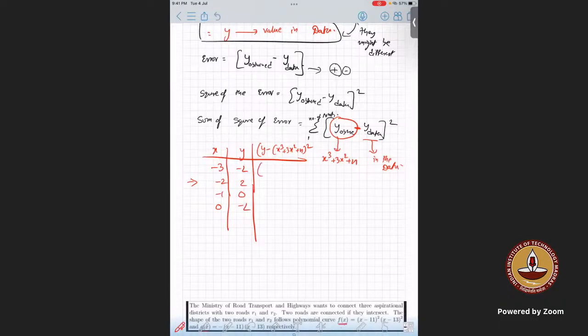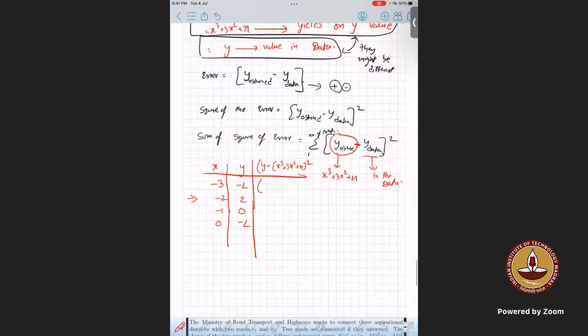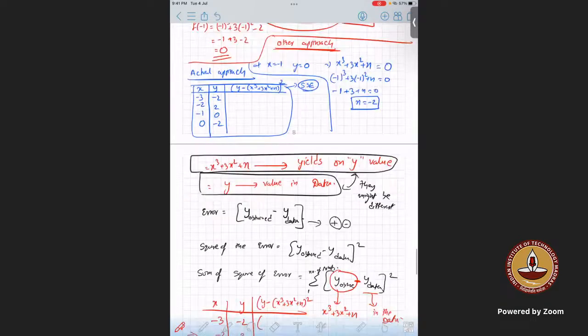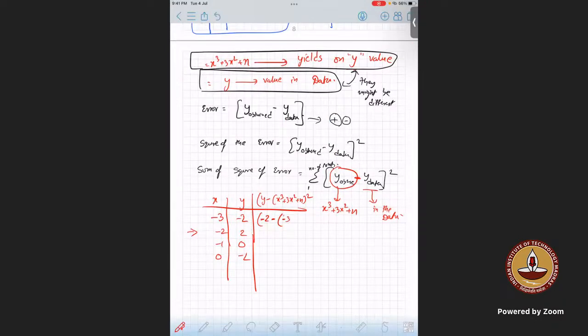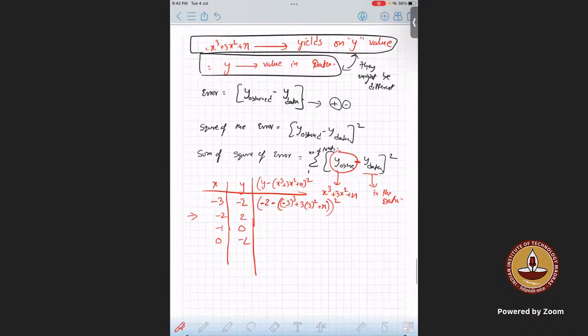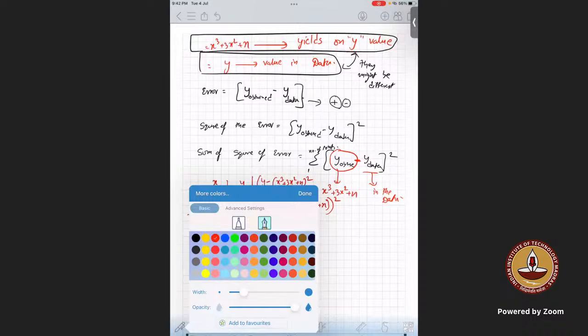What is the y value here? I will do it for one point, minus 3, minus 2. Y is minus 2 here. Minus 2 minus x cube, like minus 3 whole cube, plus 3 into 3 square plus n, whole square. Look, I am only extending this. Minus 2 minus 27 plus 27 plus n, whole square.